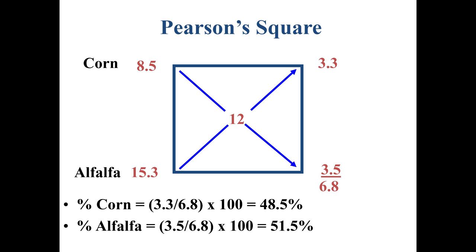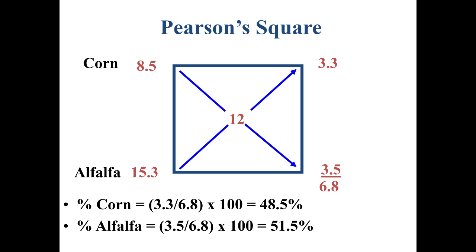Now, to determine the percent of corn and alfalfa in the diet, we simply divide the number on the right side of the square by the total number on the right side of the square. So the percentage of corn in the diet would be 3.3 divided by 6.8 times 100, for a total of 48.5% corn.